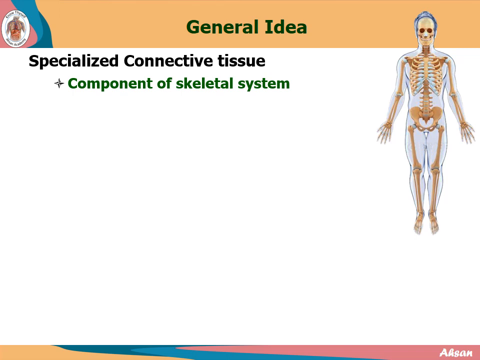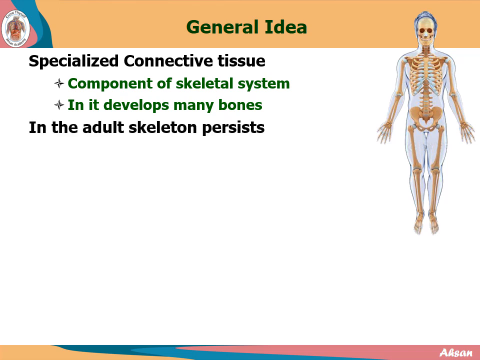It is a component of the skeletal system, but bone is the major component of the skeletal system. Cartilage is the second most available part. In the cartilage model, the bones are formed mainly.